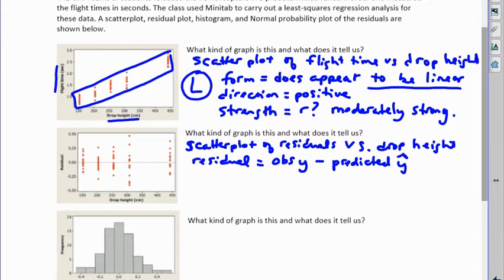Okay, that's what the residual is. And so this one, first of all, confirms the L, that it's a linear relationship, that there isn't some systematic problem, but it's especially helping me with the E, and that's equivariance.